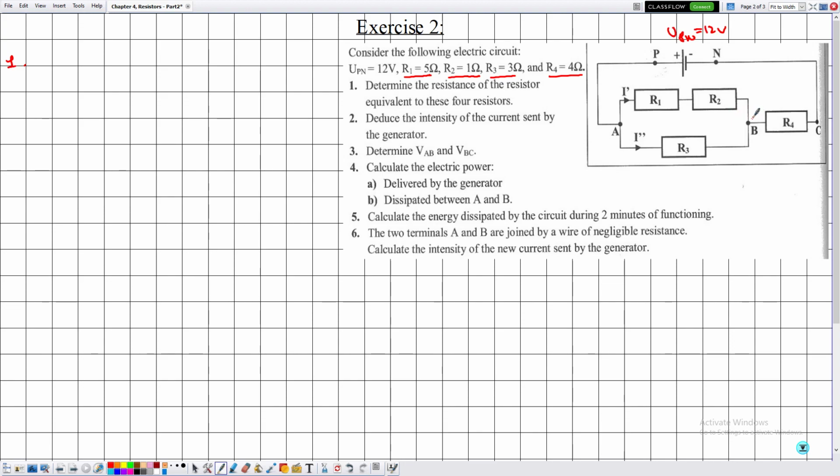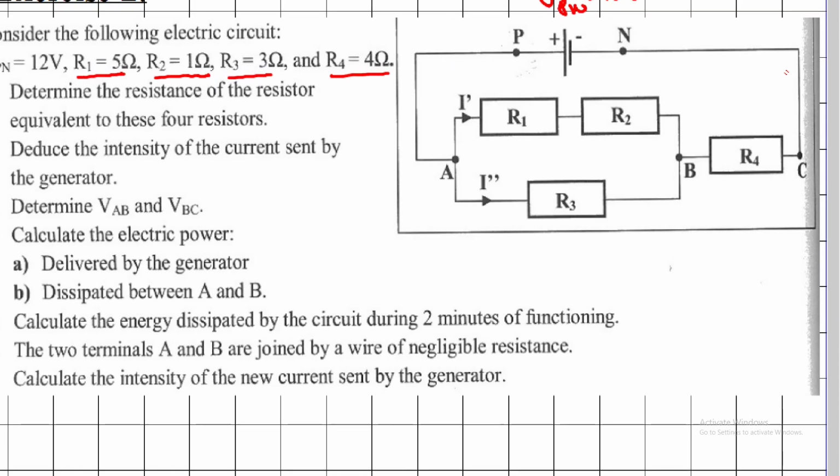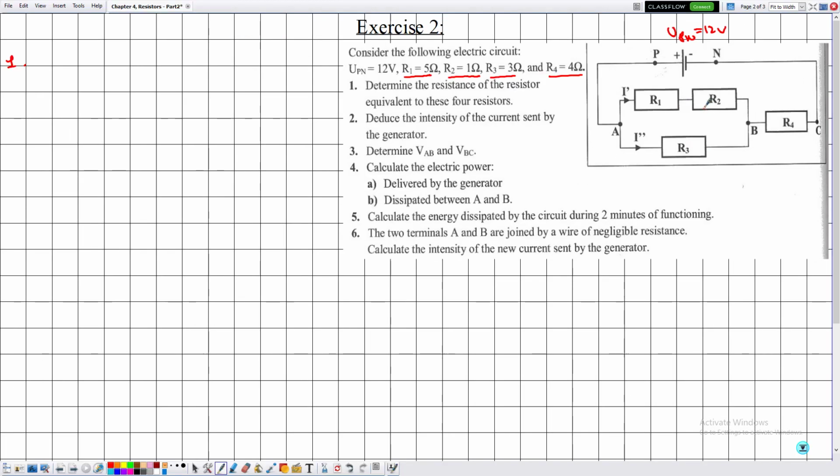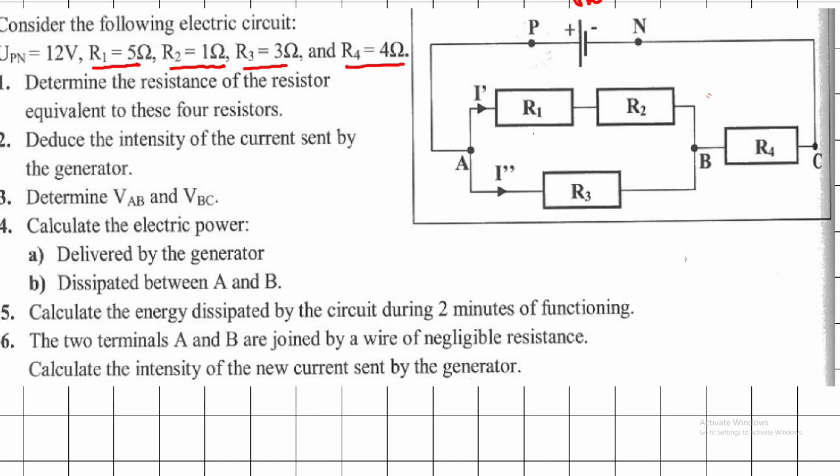So we will start by the 2 resistors that are directly grouped, so the grouping is straightforward. Notice that in this case R3 and R1 are not in parallel because this terminal is not connected back here. The same thing goes for R2 and R3. However, notice that R1 and R2 are in series.